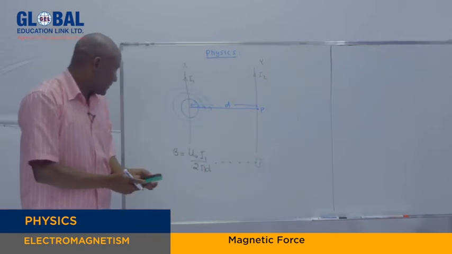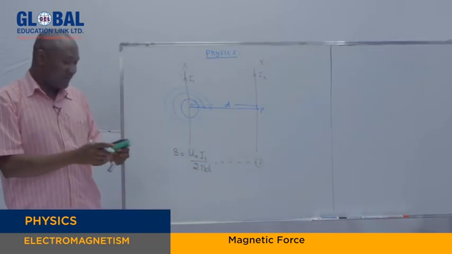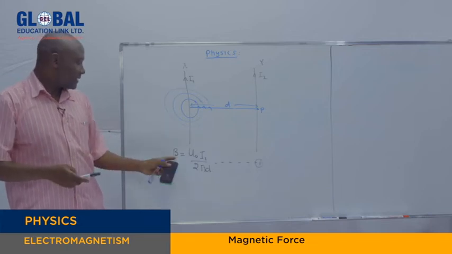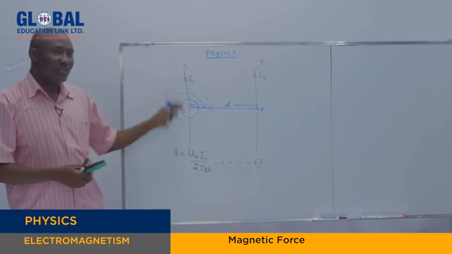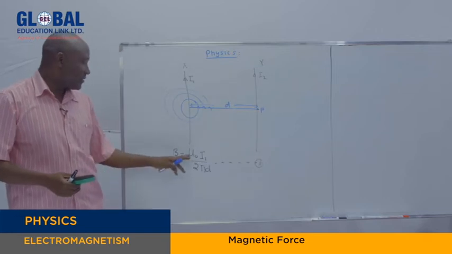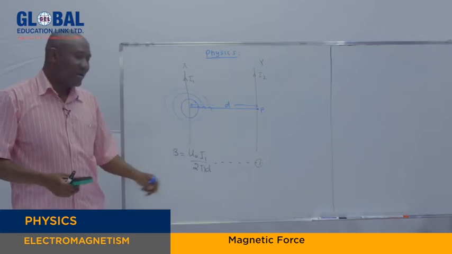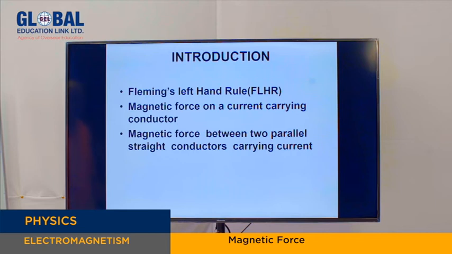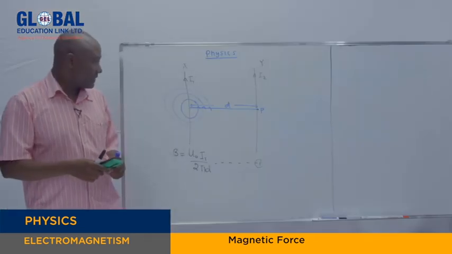This is the formula that we did in the previous discussion. The magnetic flux density of a straight wire from a point is given by mu I over 2 pi d. D is the perpendicular distance between the 2 axes.